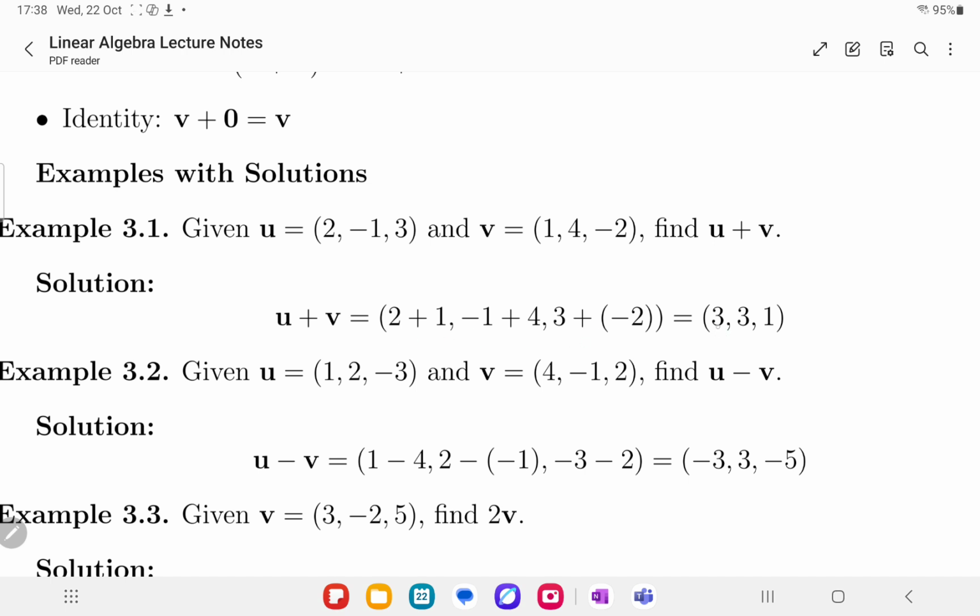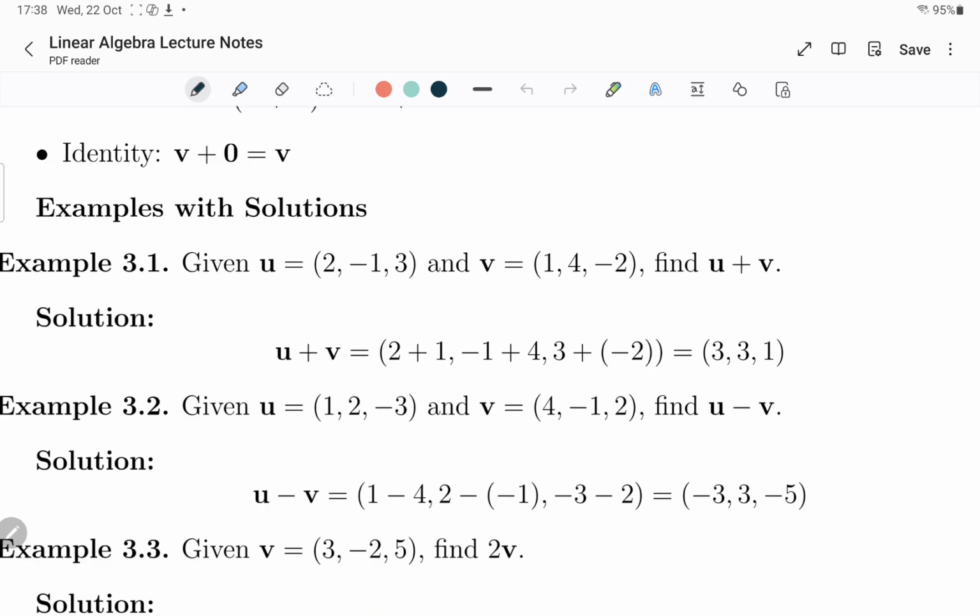By solving we get 3, 3, 1. So that is the addition of two vectors. By adding two vectors we get a new vector, 3, 3, 1.